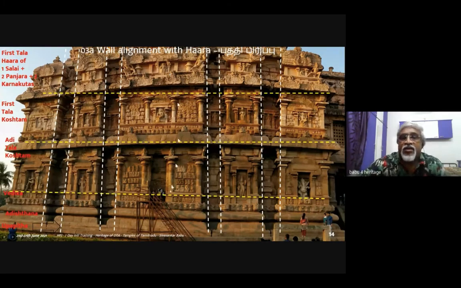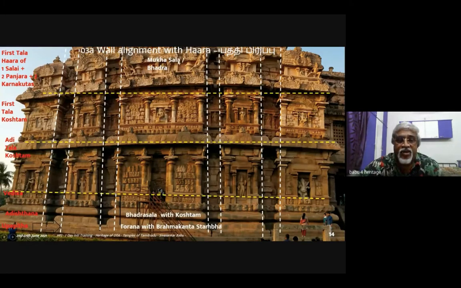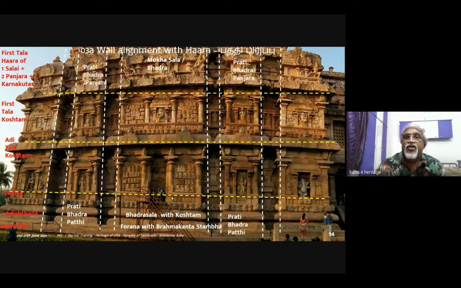So it is a vertical line. If you see this, we have 2 patis. The Mukhasala or the Patra is there. So this is called Bhadrasala, and there are costumes, Toranas and everything available here.